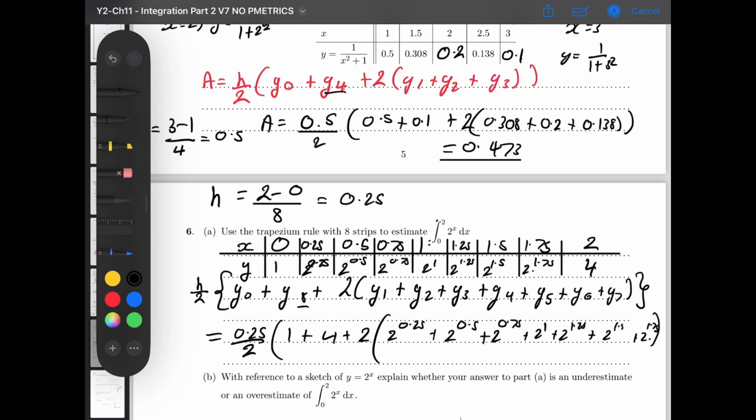And grabbing the calculator out, we get a long decimal which rounds to 4.34 to 3 significant figures.